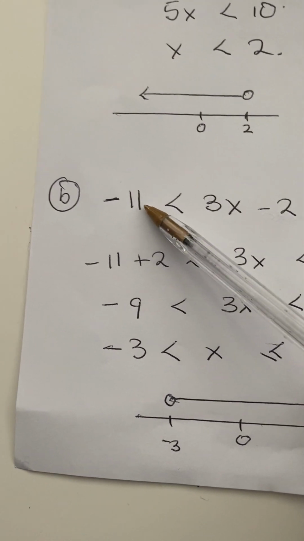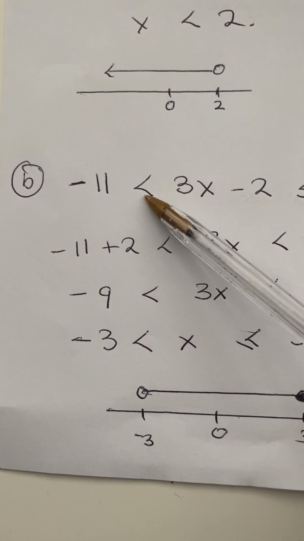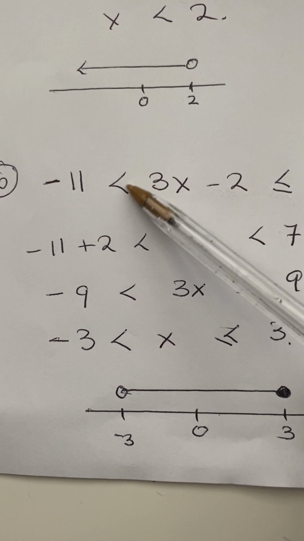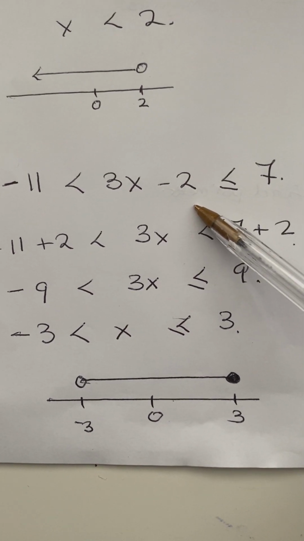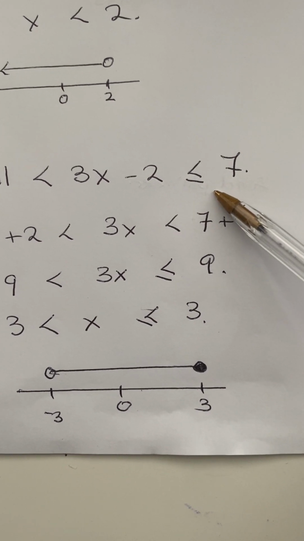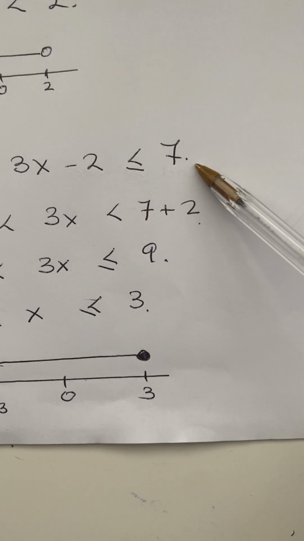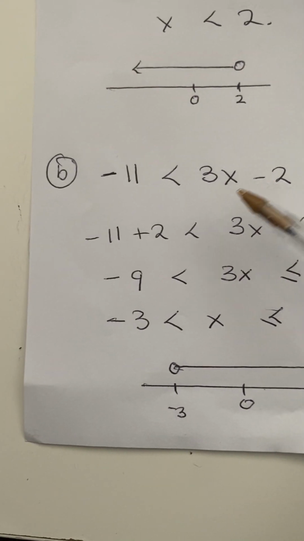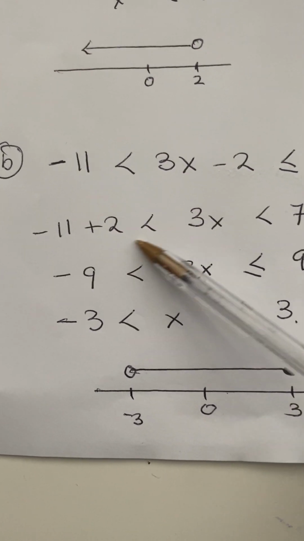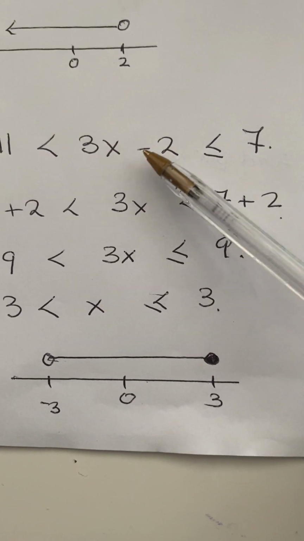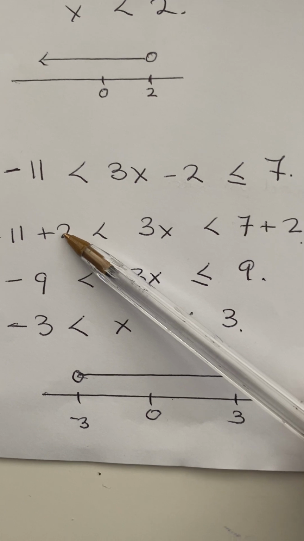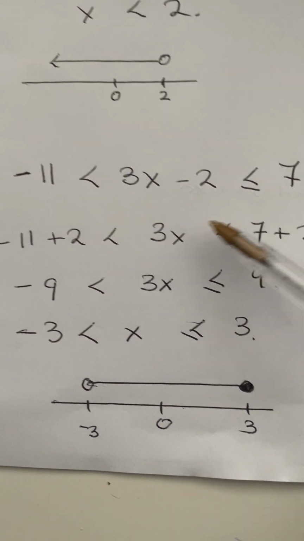Now the second one, minus 11 less than 3x minus 2 less or equal to 7. Now we want to just leave 3x here, so we add 2 to both sides.